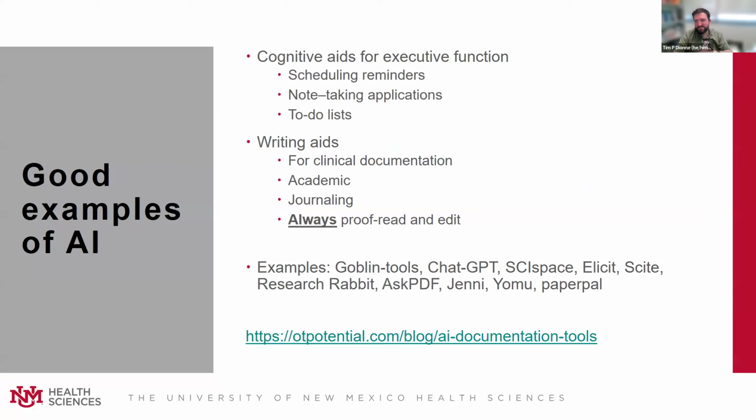Okay, so some good examples. The one that I like the most is for people who have experienced stroke, who have executive function challenges. There's a lot of cognitive aids out there, things like scheduling reminders, note-taking applications, and to-do lists that have an integrated AI.